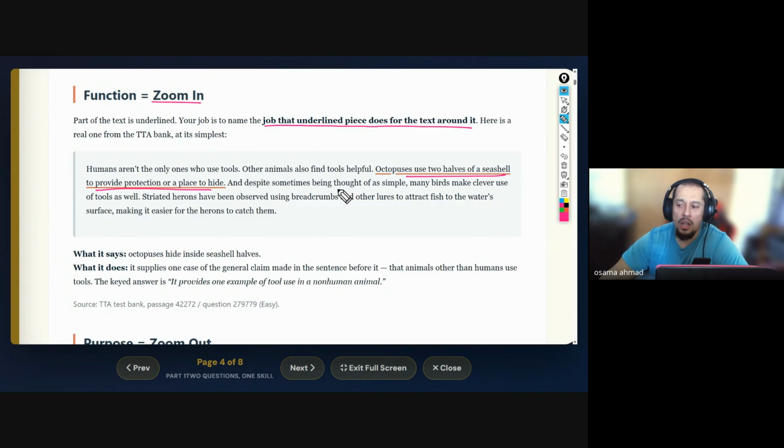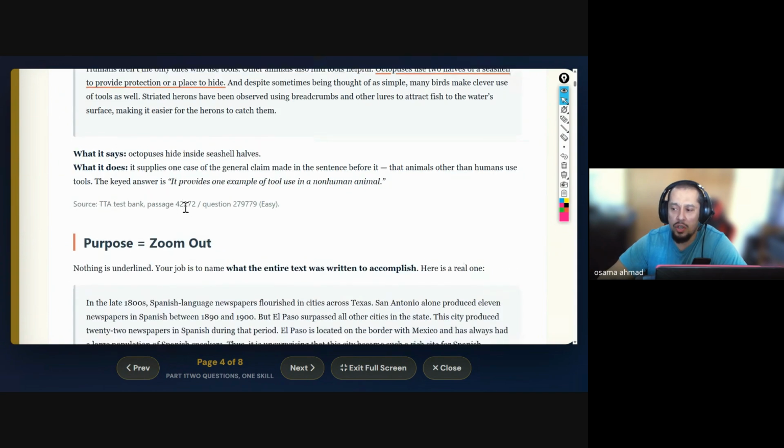Okay. So there's a difference between what and why. What it says: octopuses hide in shells, right? But why does it say that? What does it do? It gives an example. So notice how our approach is different from our other skills, right?